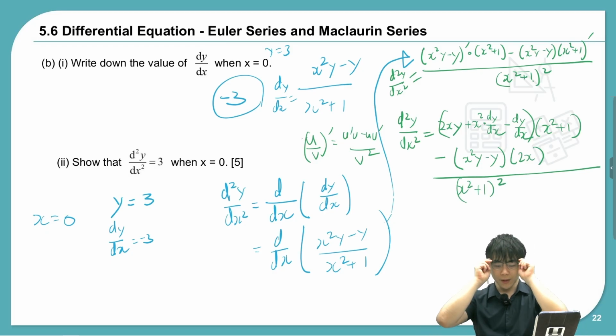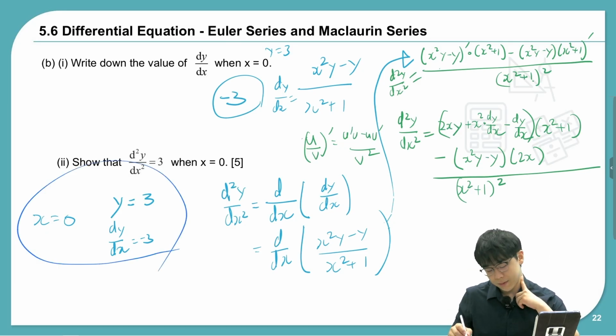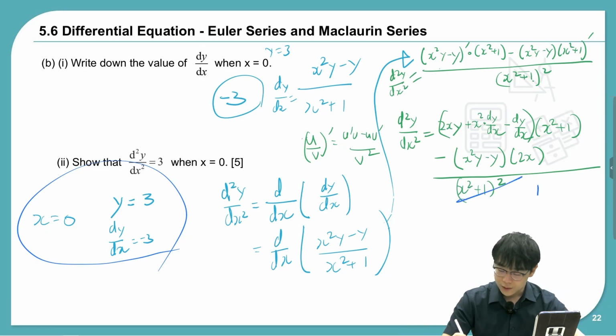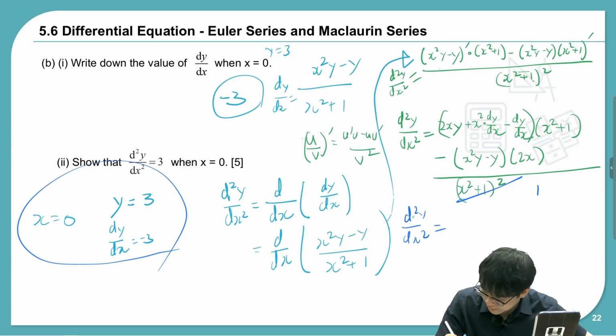Now we want to substitute in our values: x is 0, y is 3, dy over dx is -3. Thankfully, the denominator is just going to be 1, right? (0 plus 1) squared. But before substituting, we can cancel out any terms that have a 0.